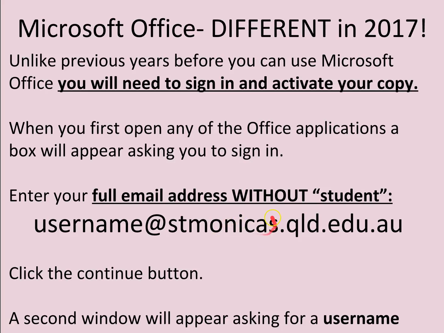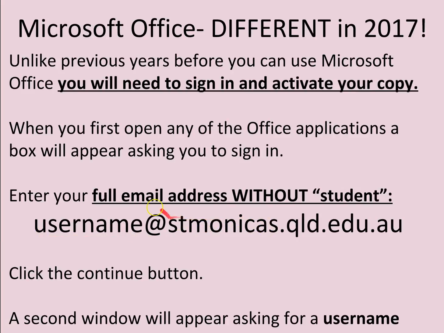The next important thing to realize is that Microsoft Office, which is Word, PowerPoint, Excel, is different this year. So for us, unlike previous years, you can't really use these things until you sign in and activate your copy, which is really easy, but it's got one trick to it. When you first open any Office application, so in that case you can just go and open Microsoft Word, it will give you a screen and ask you to put in your email address.